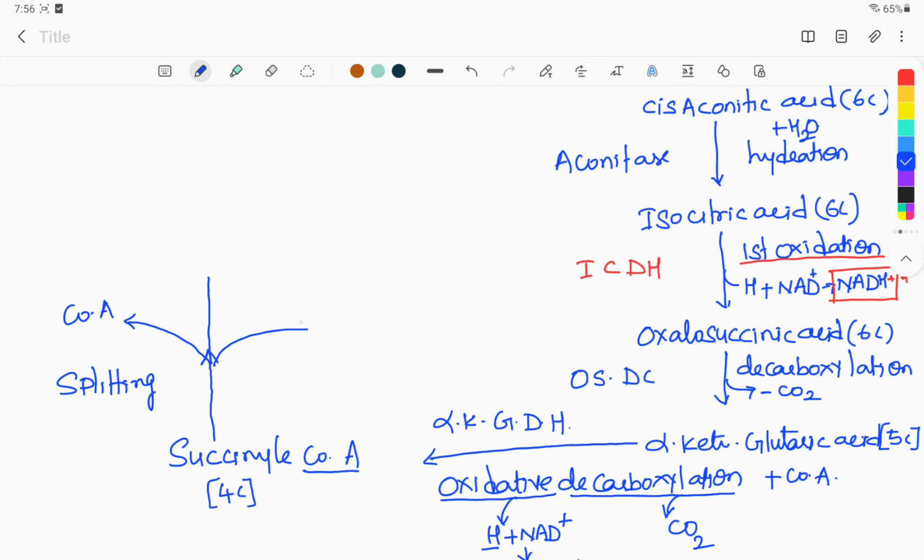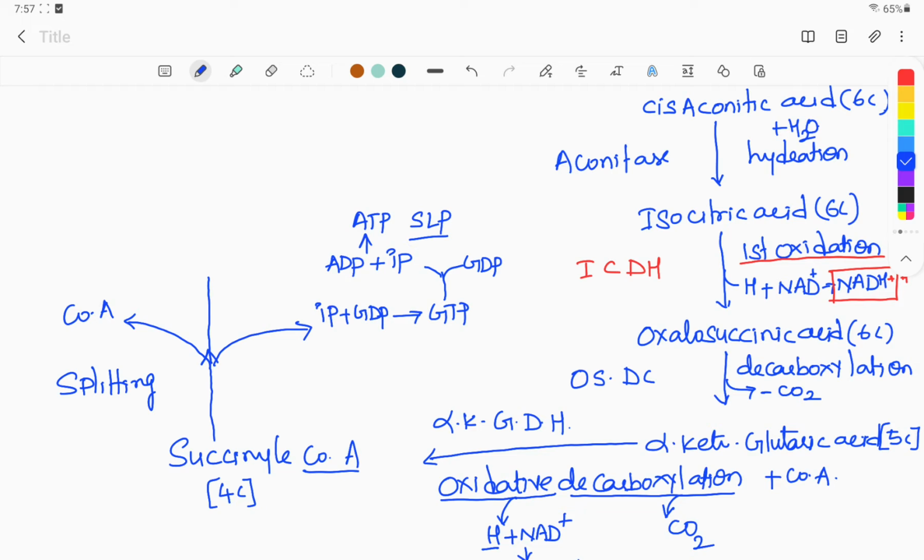Next, inorganic phosphate is added to GDP. As a result, GTP will form, that is guanosine triphosphate. But again, guanosine triphosphate will split into inorganic phosphate and GDP, and the inorganic phosphate is added to ADP. As a result, ATP will form. This formation of ATP is called SLP, that is substrate level phosphorylation, right?